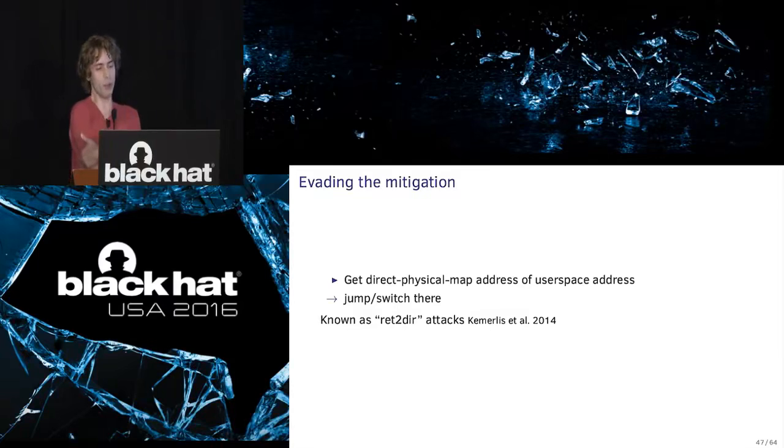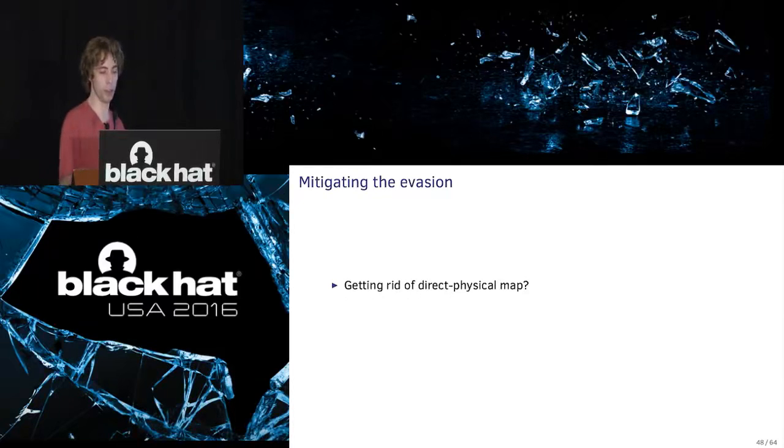So what is the solution against those attacks? They suggested one solution that involved getting rid of parts of the direct physical map, like the parts that are mapped in the user space binary. But actually, Windows doesn't have a direct physical map, so why don't we just get rid of the direct physical map in OS X and Linux and other operating systems as well?